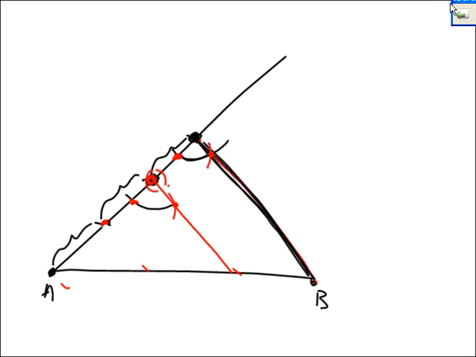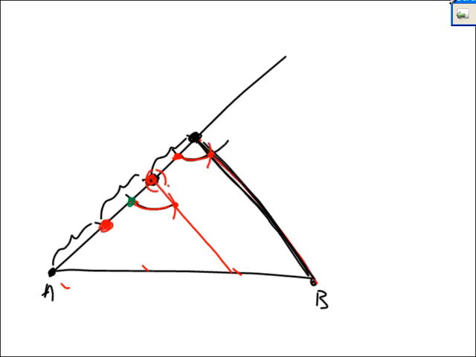And now, through this last point, I want to either copy this angle or this angle. Which one you copy doesn't matter. They're both the same. Let's copy the second one. So how we copy it is, I put my compass needle here, and something's bothering me.